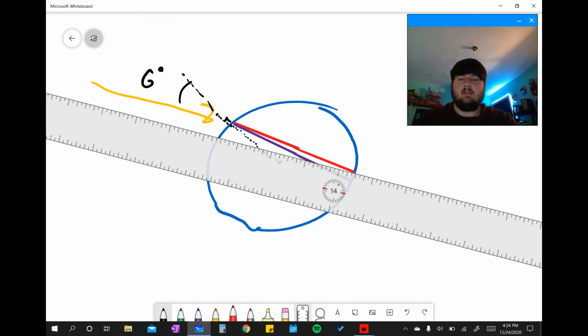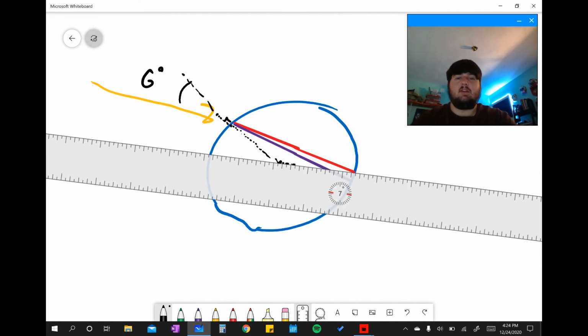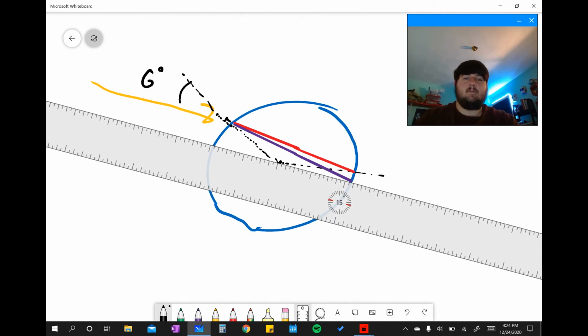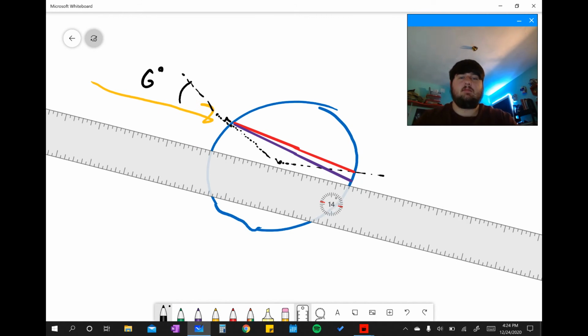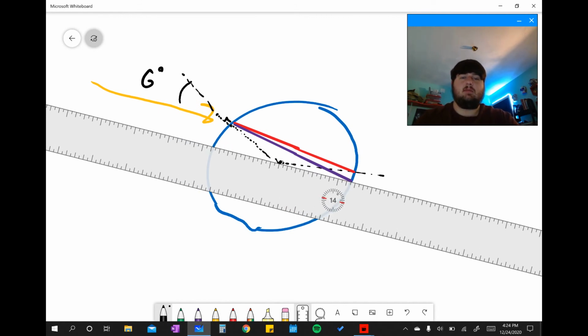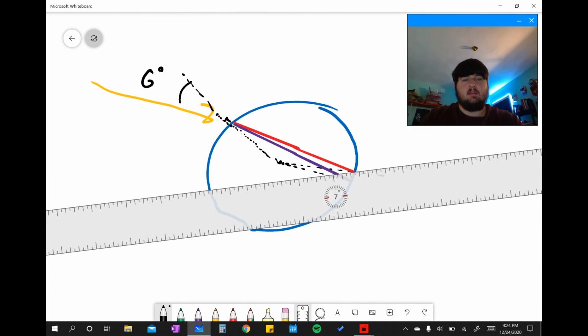So let's say our tangent is from the center of the circle. I know this is a very poor circle. And this one goes there. Come on. There we go. Okay. So our two little tangents. We're going to draw our red as best we can.